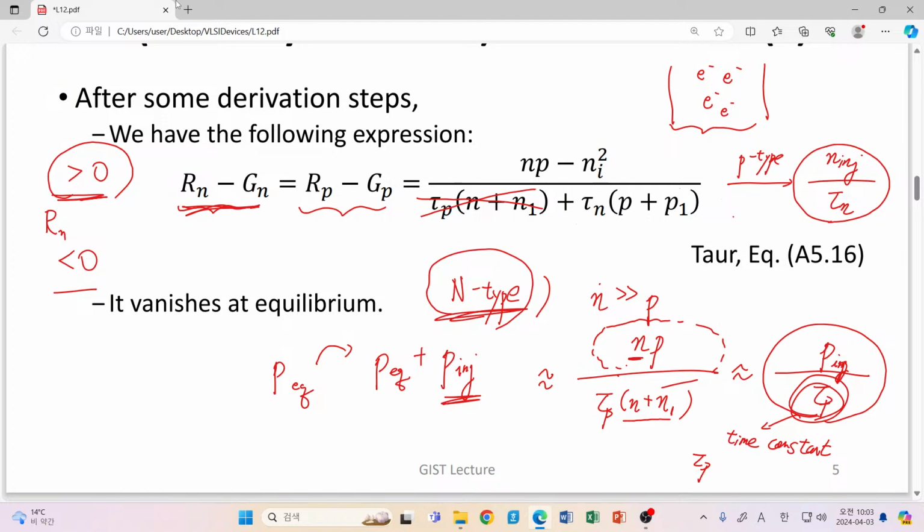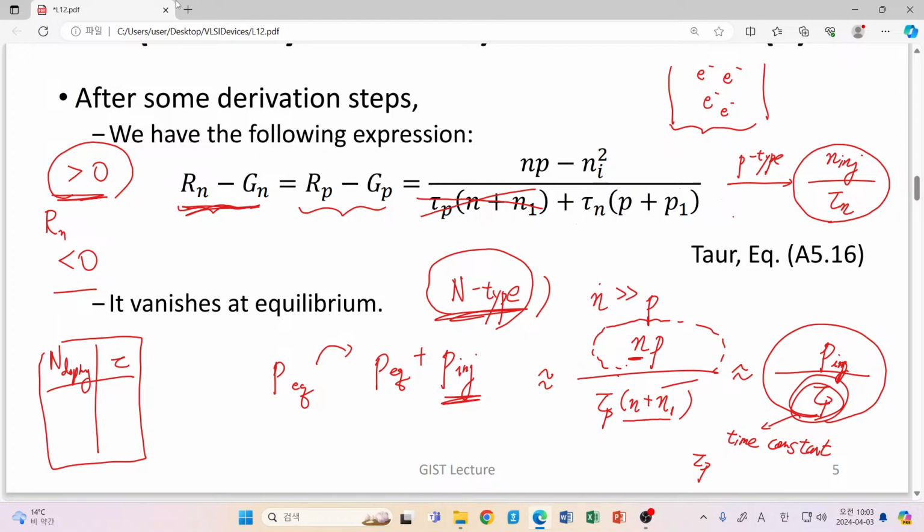If you have a good sample, then this tau can be quite long, like a millisecond. However, if your sample contains a lot of impurities, then it can reduce quite significantly, to a microsecond or even shorter. Then please think about the dependence of your tau on doping density.